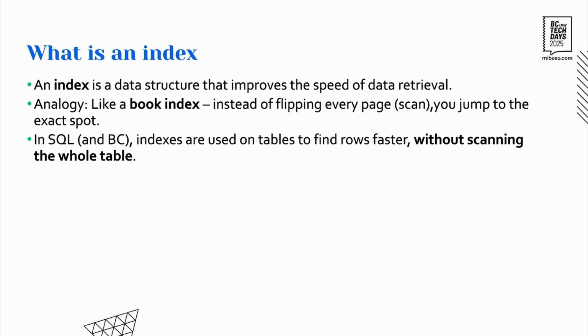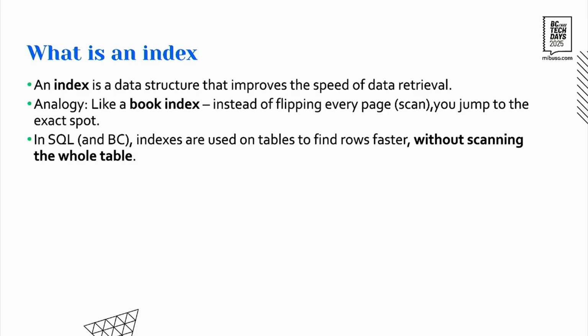We can think about this index by an analogy. Imagine it like an alphabetic index in a book. Think about an encyclopedia. When you want to find a word in a book, you sure don't want to leaf through the whole book and read the whole content just to find one word.